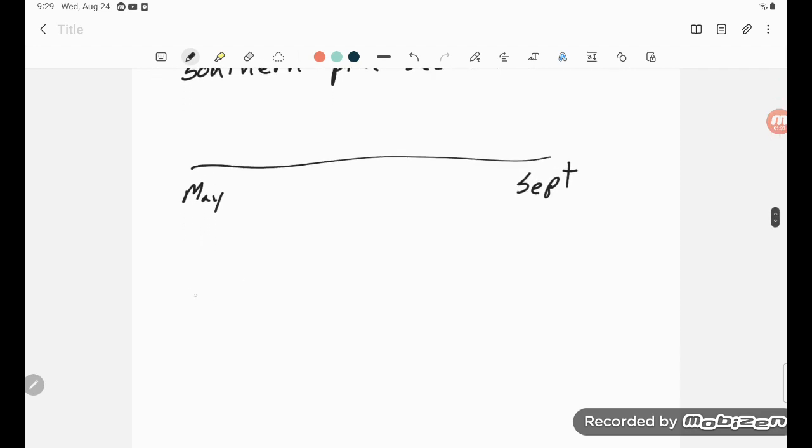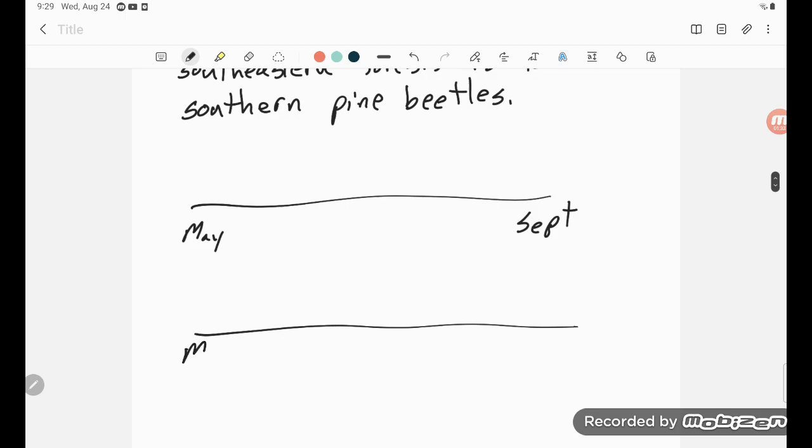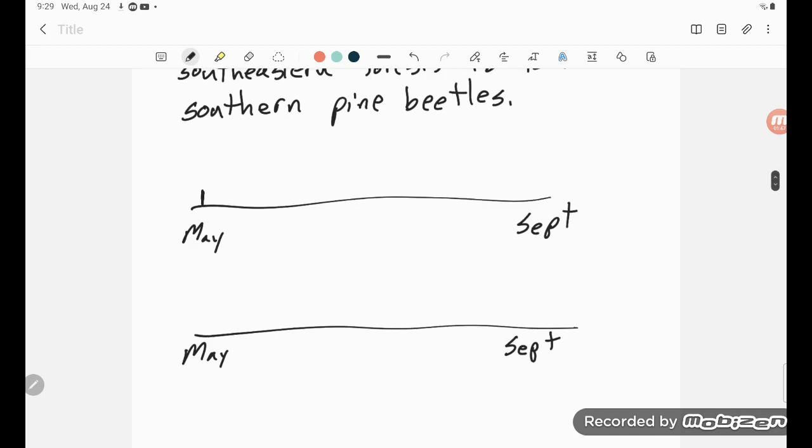Well, any given year, so here's May to September, if we do a bar graph of infestations, one year there might be a few, and I don't really remember what the heaviest months were.